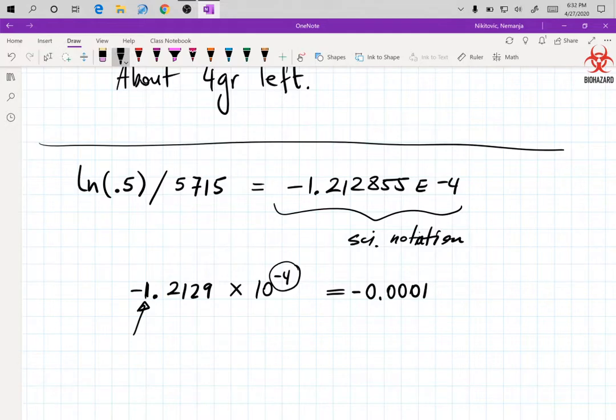That's where the 1 goes, and then just a string of these digits, 2, 1, 2. Oh, I just noticed that I used 5.